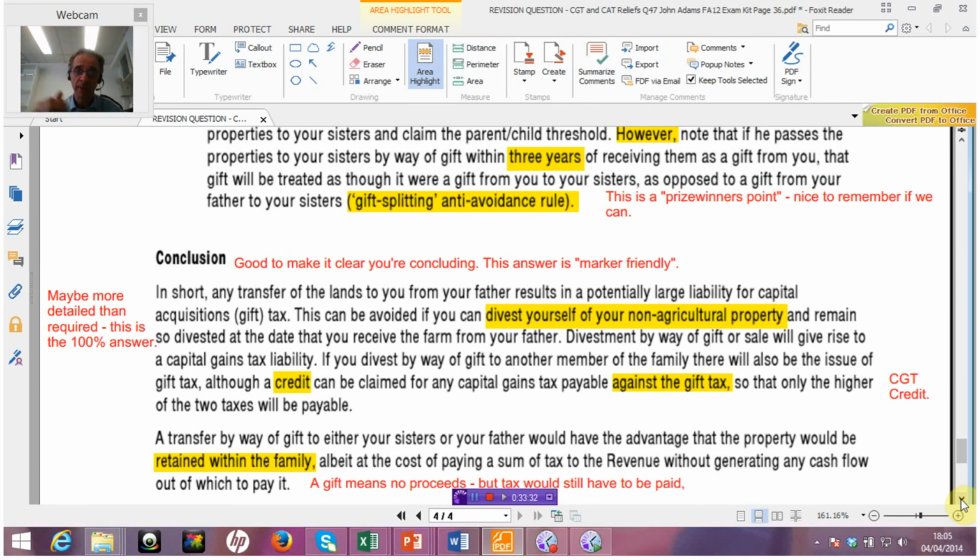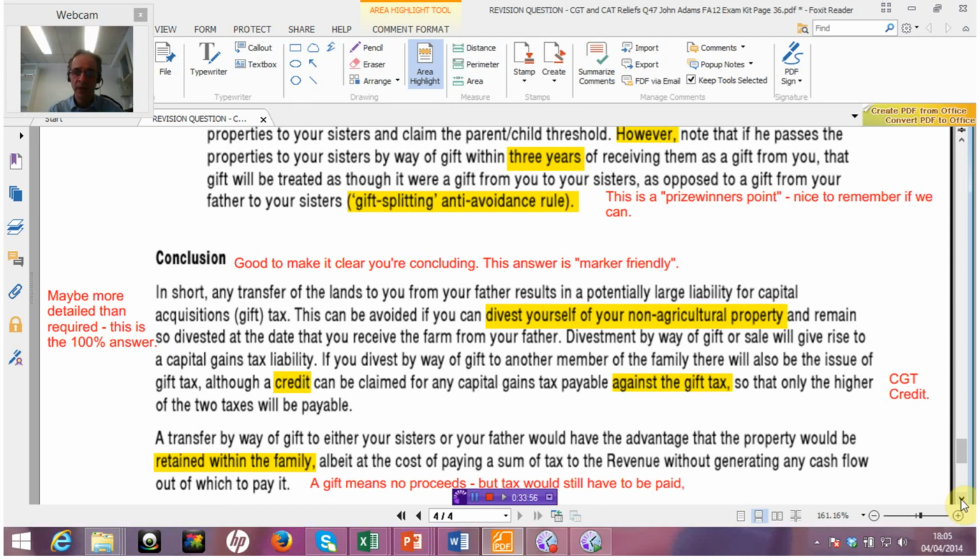CGT won't be in play because you satisfy the conditions, but you should give further thought to possible routes towards satisfying the farmer test. I don't think that I would give such a long paragraph here. Obviously, it's good for your revision purposes to make a note of these points, but I'm not sure if I would have gone this far. Okay, I just don't think that you'd have the time in the exam to do such a meaty conclusion.